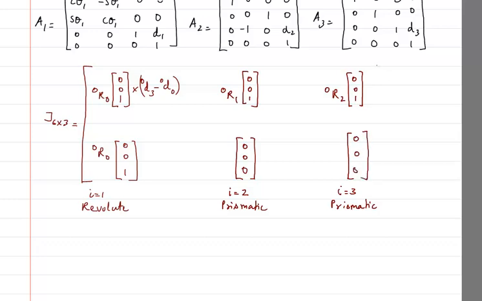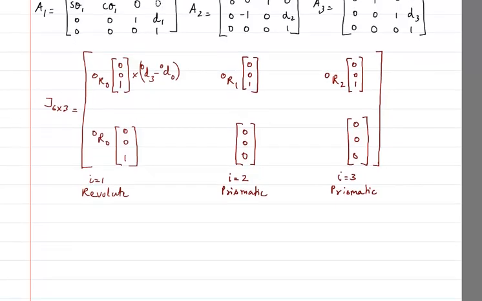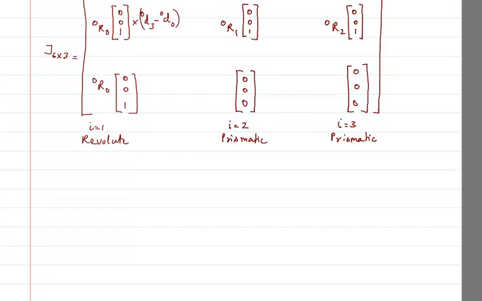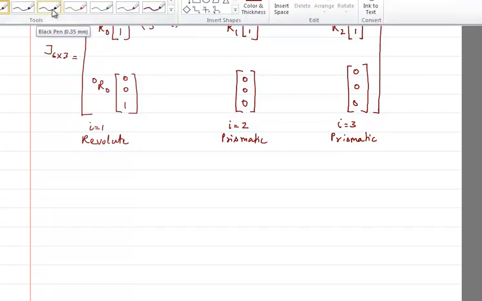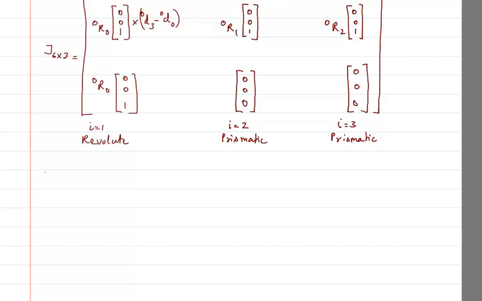So this is the Jacobian matrix which we have to find, and then finally we get the velocity kinematics. So we all know that first we have to find out 0T0. 0T0 is already known; it is the identity matrix.